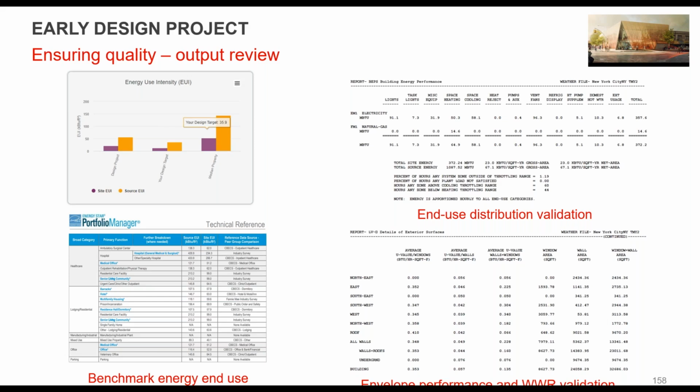But also looking at the envelope performance. This is another output report from DO2 showing what the average U value is facing various directions, and that can help you make sure that you've not done something that's way out of line with what you expected. So your U values match up, etc.